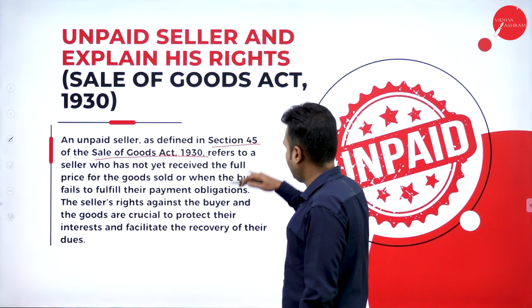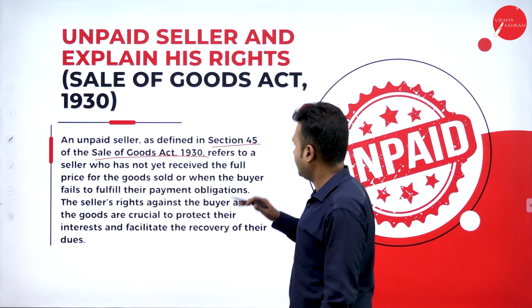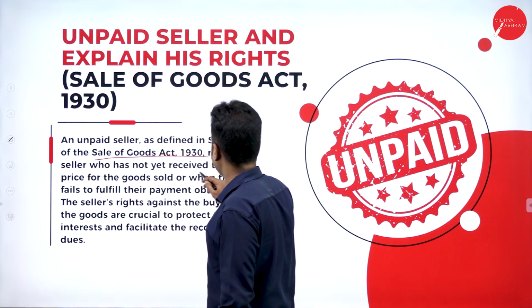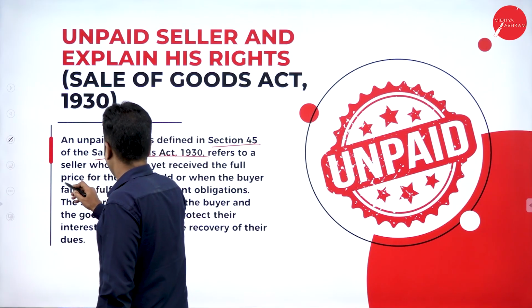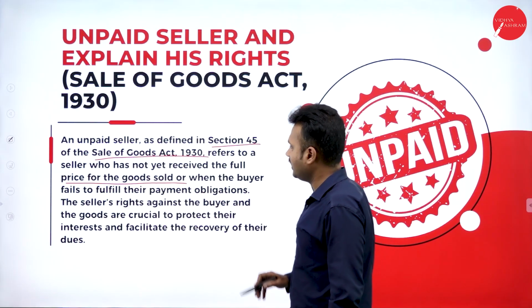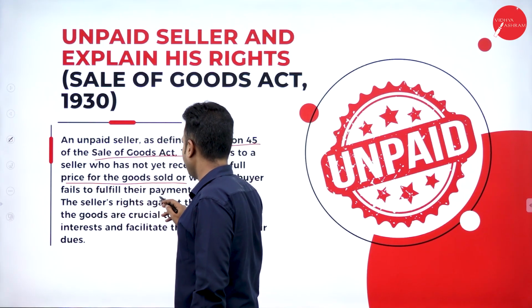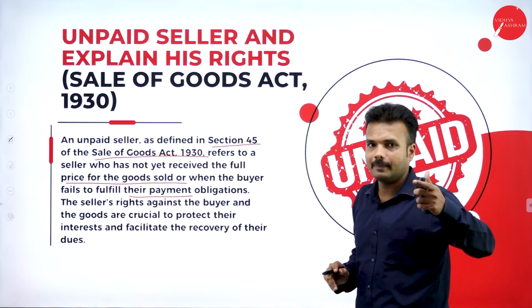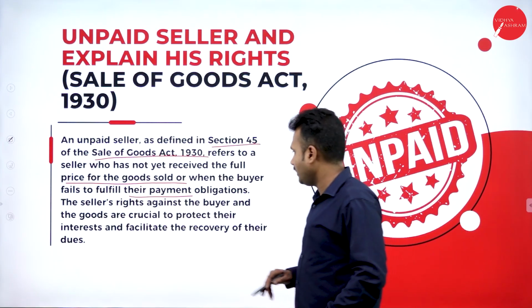According to section 45, an unpaid seller refers to a seller who has not yet received the full price of the goods sold, or when the buyer fails to fulfill their payment obligations partly or fully.